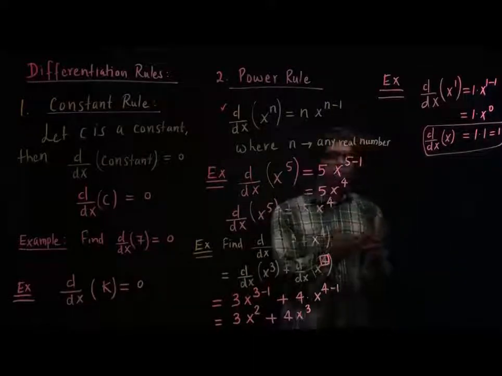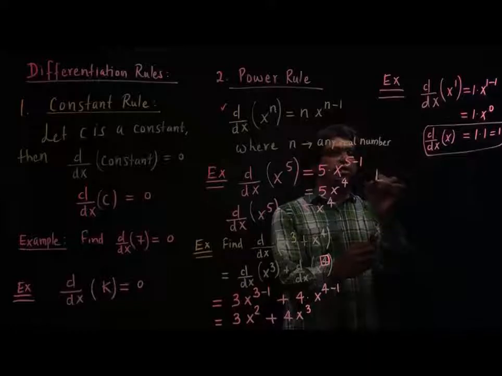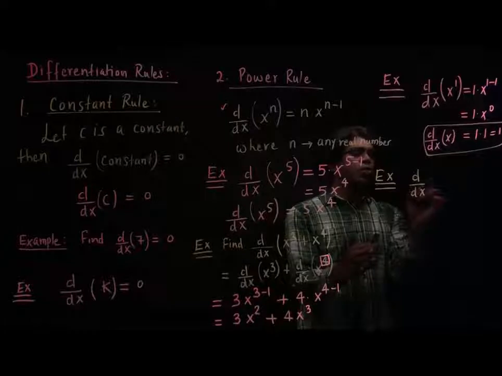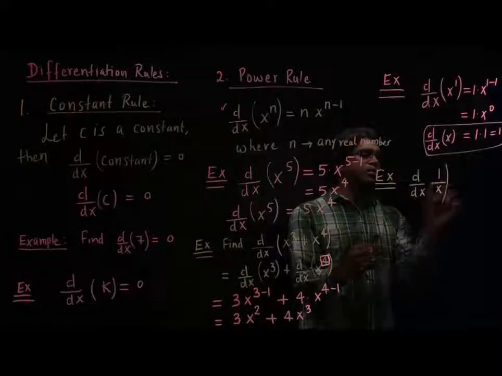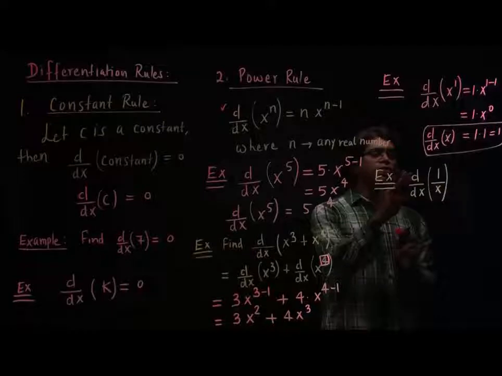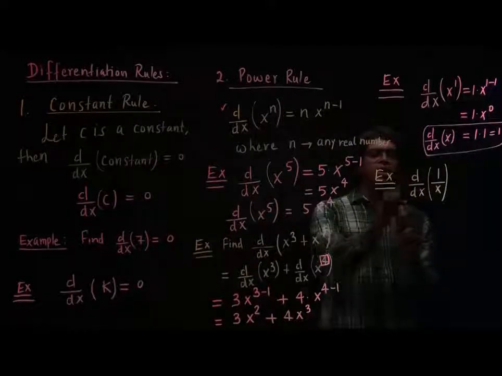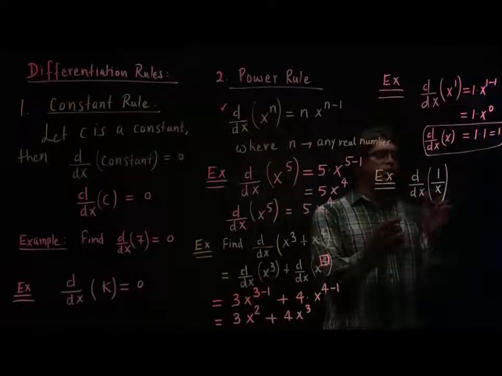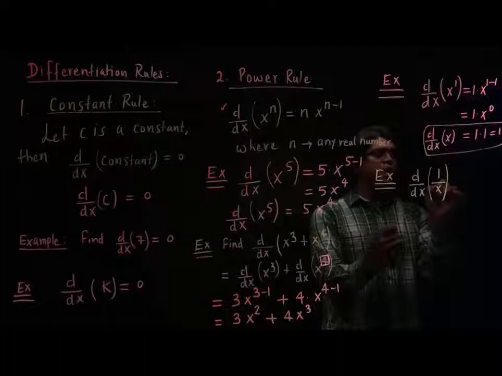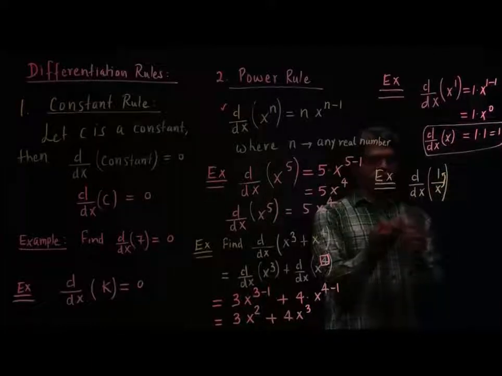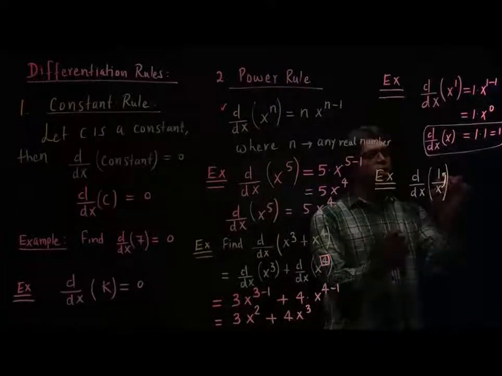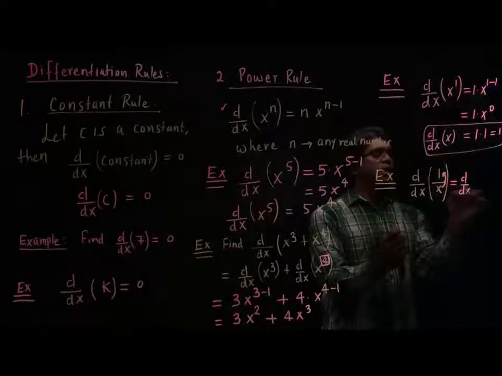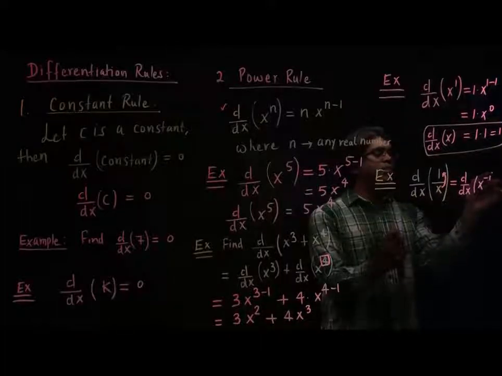Now let's consider one more example. So my example is, find the dy dx of 1 over x, right? Now in order to find the differentiation of 1 over x, we need to convert 1 over x in terms of this expression. So what I'm going to do, I'm going to take this x to the numerator, and if I do that, I will have dy dx of x to the power negative 1.